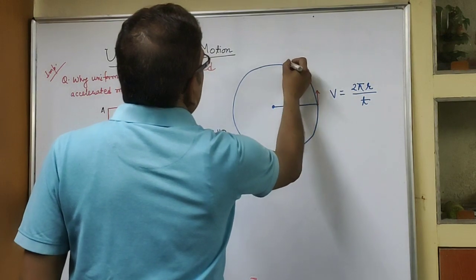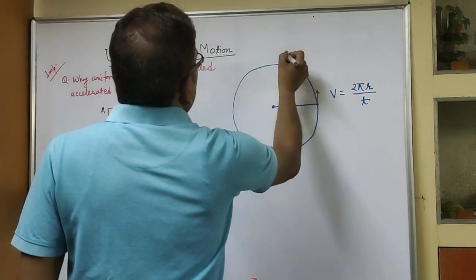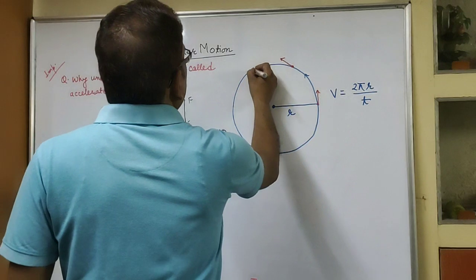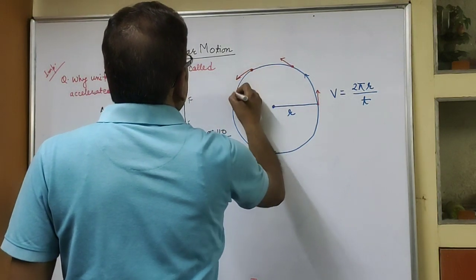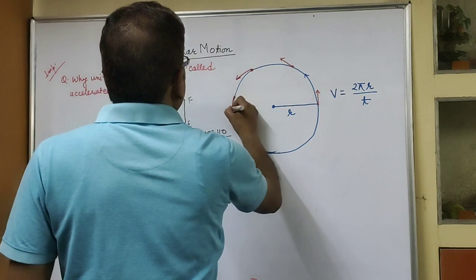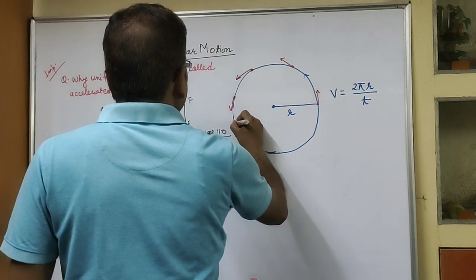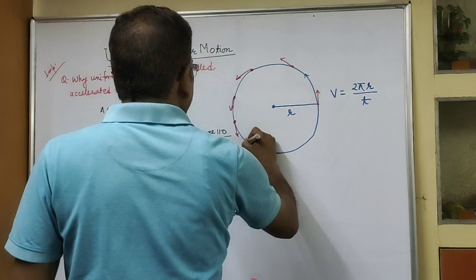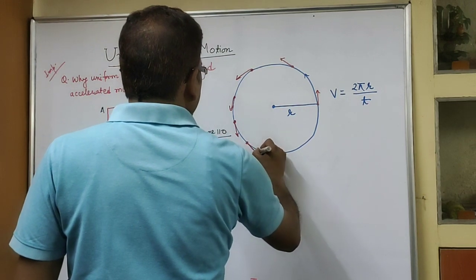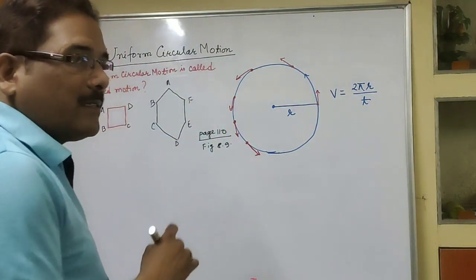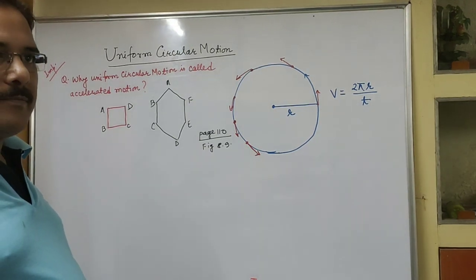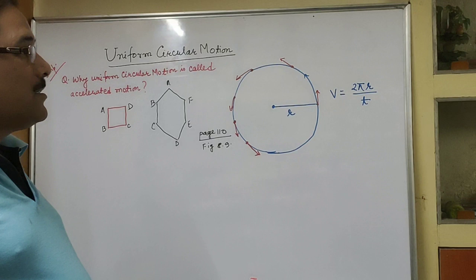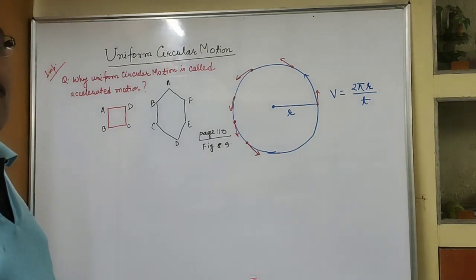If you choose this point, you have to draw a tangent at the point to find out the velocity. So it will be like this, it will be like this. So at each and every point, you will find that to maintain its path, the object has to change its direction. So direction is changing, although speed is constant.